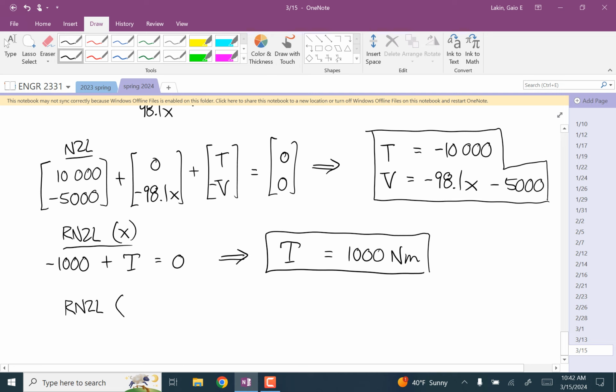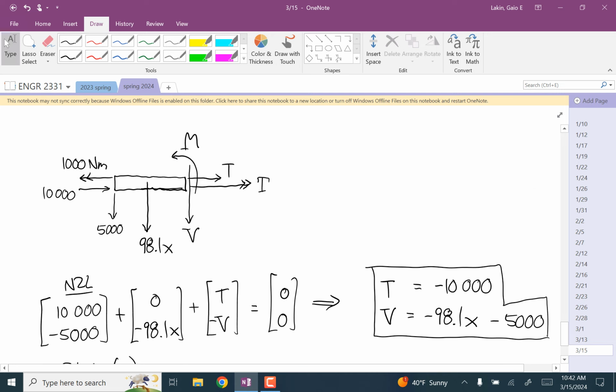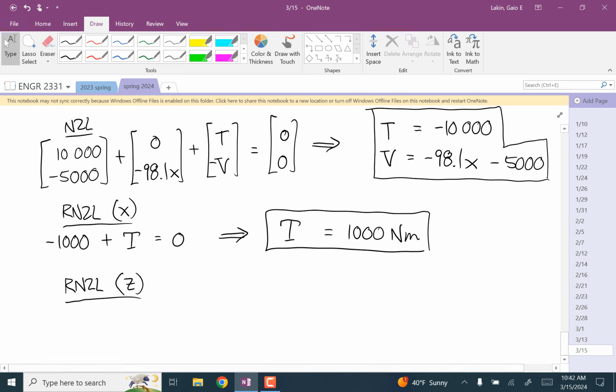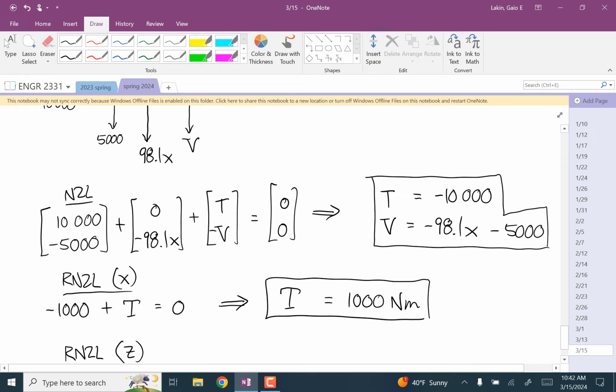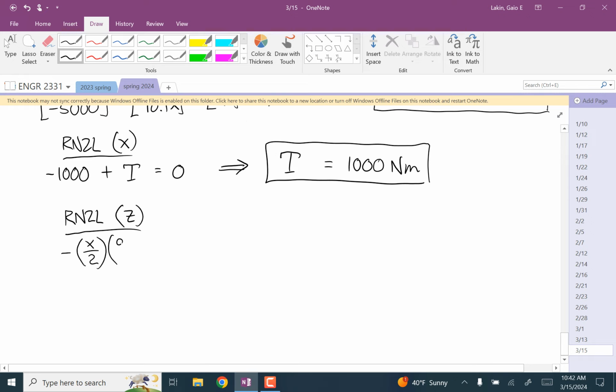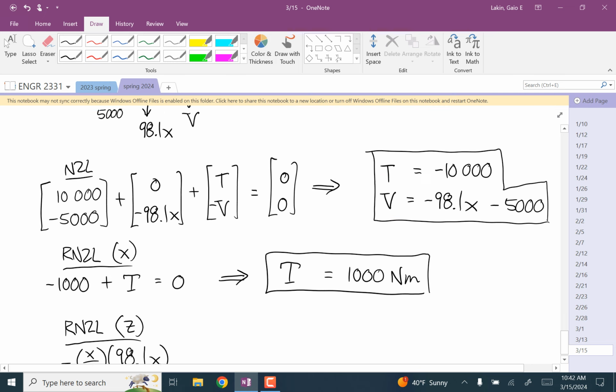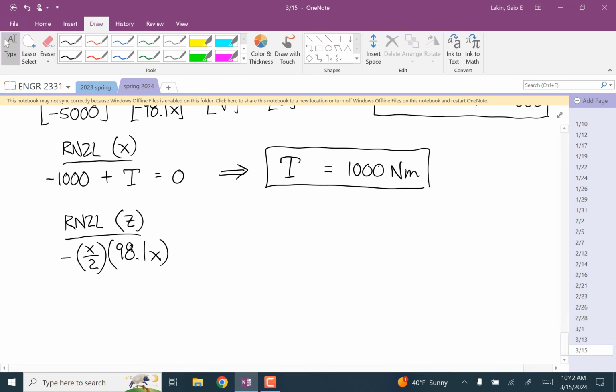And then the moment equation about the z-axis, our about point is over here. So we have a clockwise moment of x over 2 for a moment arm times the force of 98.1 x plus m minus vx is equal to 0.